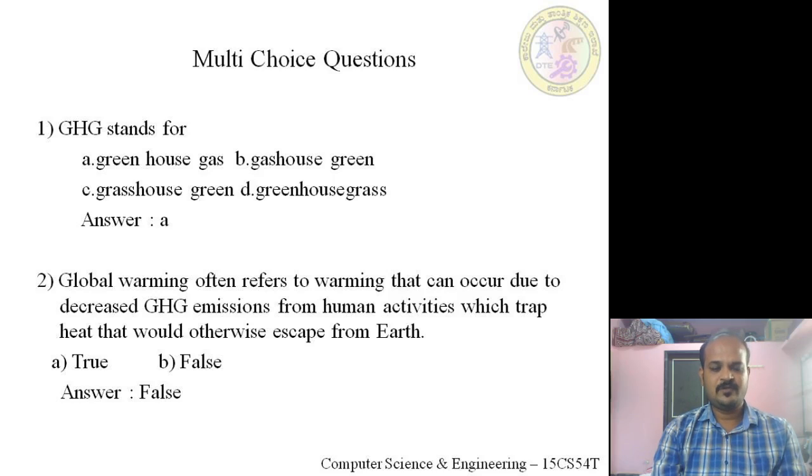So when we look into this sentence, we can easily think it is true, but actually it's false, because global warming is caused by an increase in GHG emission, not a decrease in GHG emission as mentioned in this question. So that's why this statement which they have given here is not correct. So that's why the answer is false.